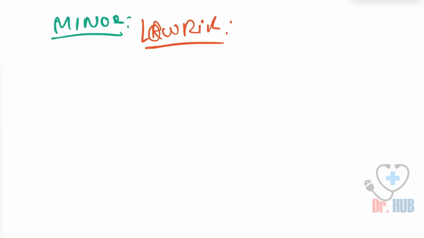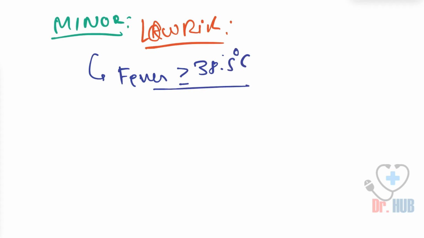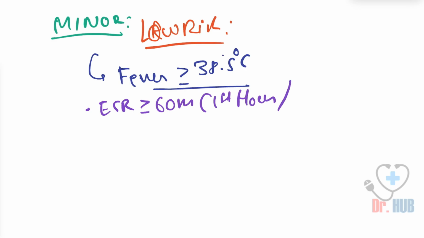This includes fever, where fever is greater than or equal to 38.5 degrees Celsius. Next, there is the ESR, which is considered greater than 60 mm in the very first hour, or the CRP, being greater than 3 mg per dl.